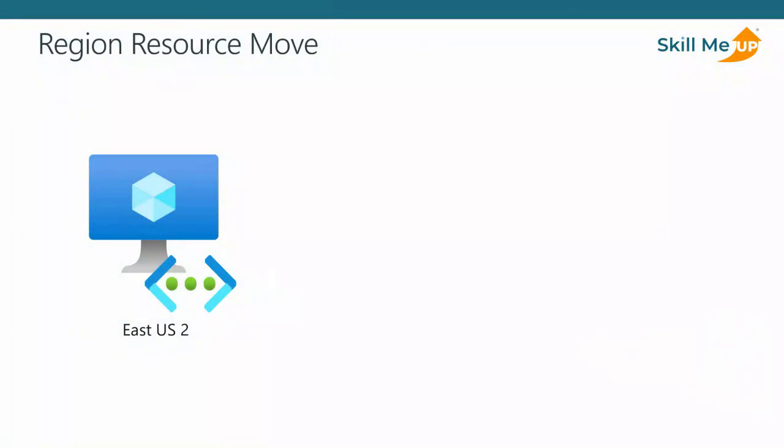So with that in mind, one of the big things is the Azure resource moves. We always would have our resources, whether it be virtual machines or networks, in a particular region, and they were tied primarily to that region. There were processes that would allow you to move a resource from one region to another.